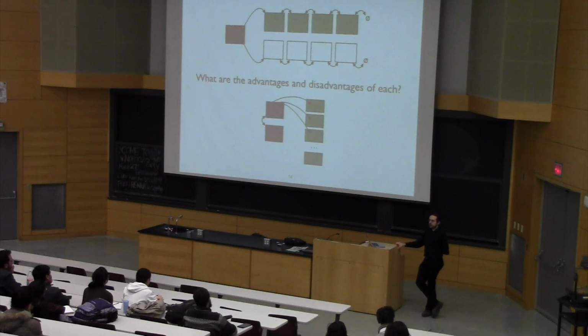For a heap file, if the data is completely unsorted, is there an advantage or disadvantage to one of these? So do we get any other benefits? Let me ask you this. A linked list, do we have any guarantees about where the pages are on the disk?